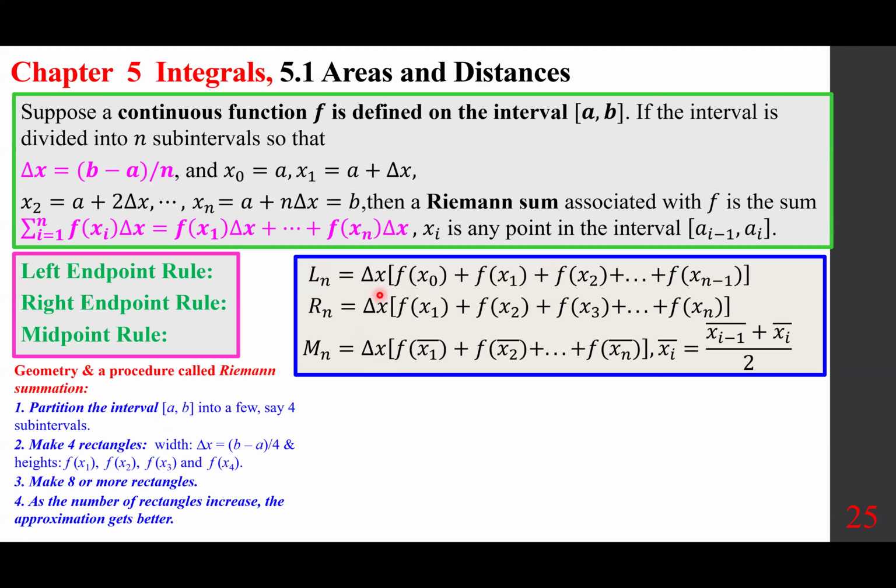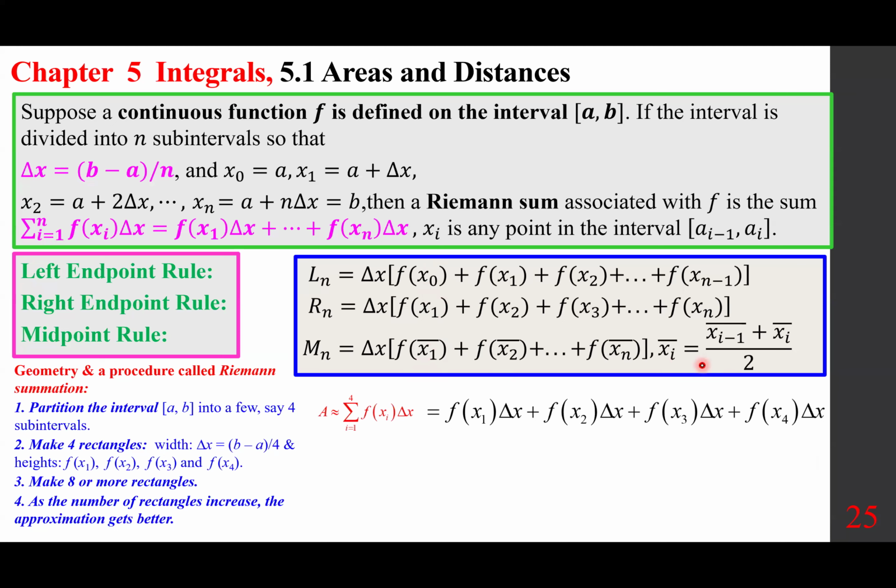For the left endpoints, we use all the left endpoints, so b is not used. For the right endpoints, a is not used. And for the midpoint, you pick the point between these two. That's why it's called x1 bar and so forth. And I will show you with a couple of simple examples.